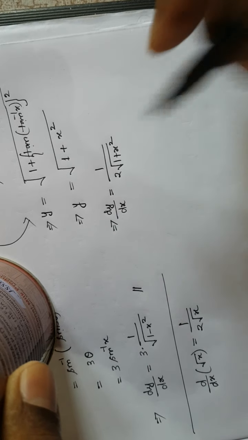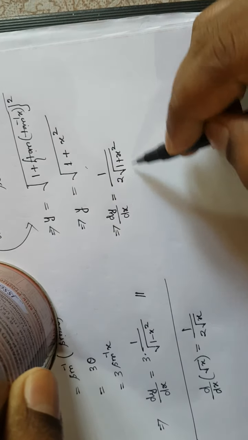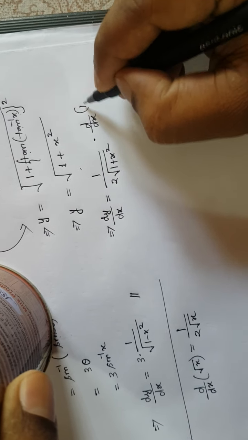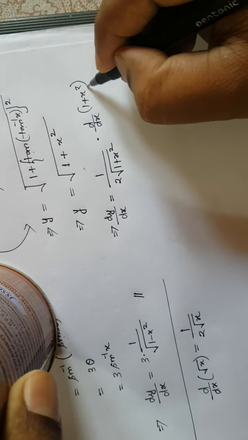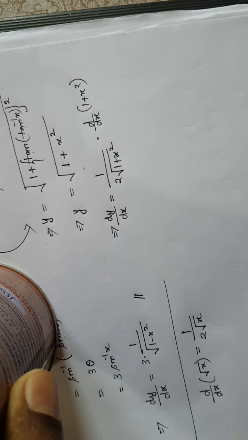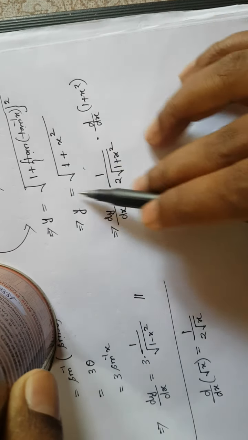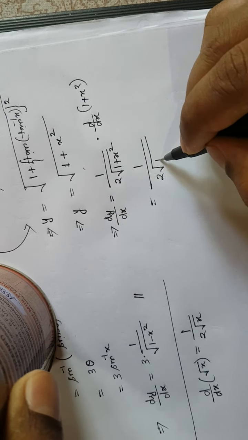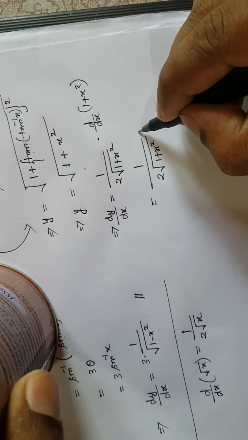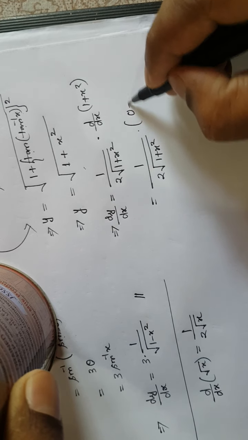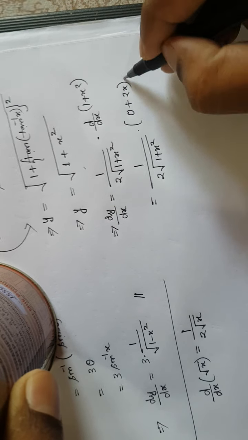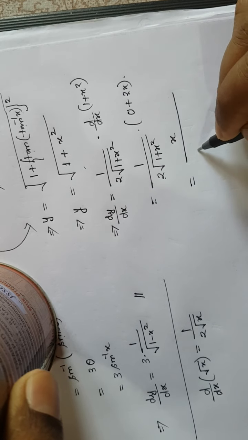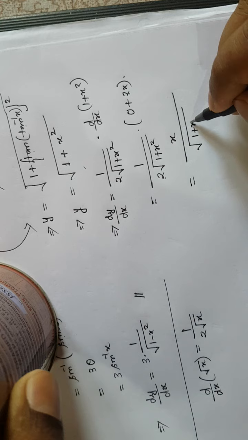Similarly here, but it is not x, this is 1 plus x square. Then with the help of composite function, we will differentiate the function inside the root. This is 1 by 2 into root over of 1 plus x square. For 1 it is 0, for x square it is twice x. Now 2 and 2 cancelled, answer is x by square root of 1 plus x square.